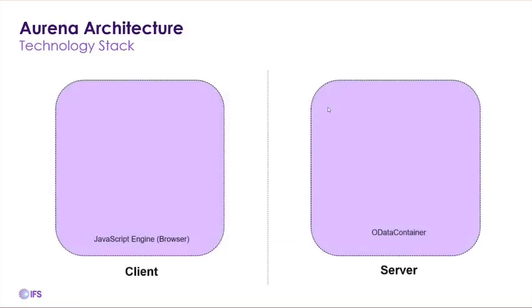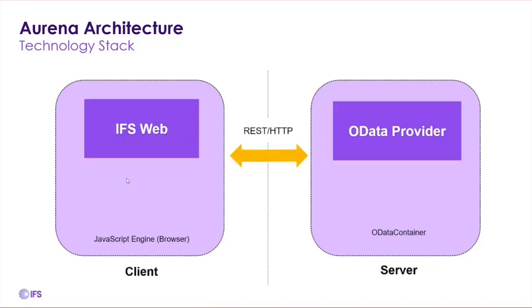And also the data storage. Right. And if we try to have a look at the technology stack, what sort of technologies we have used for the development of IFS Arena, if we divide the client side and the server side, we have abstracted out the database server. That's mainly based on the same base server concepts. So if you think only about the client and our middleware server, in the client side, we are running the IFS web component, which is based on AngularJS, which is a JavaScript framework that we use.